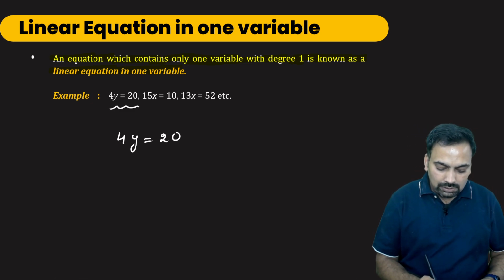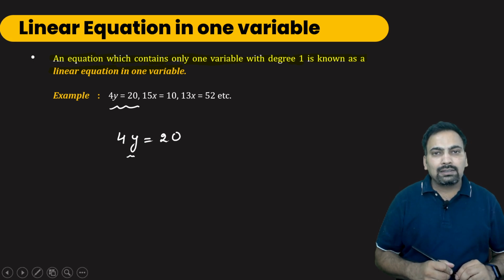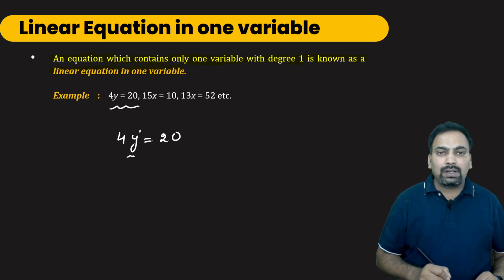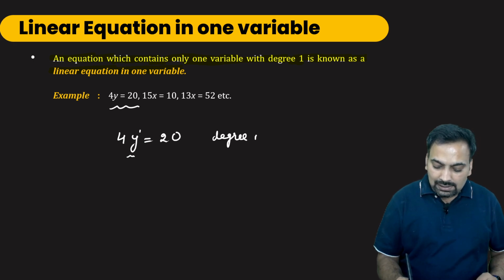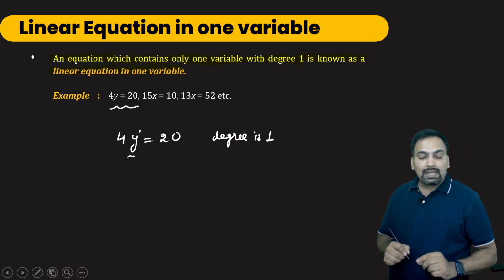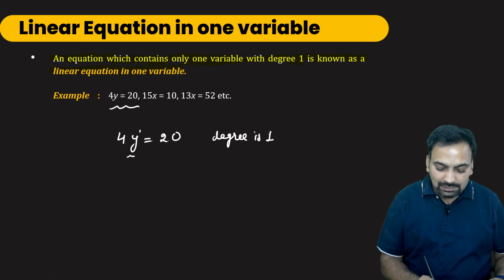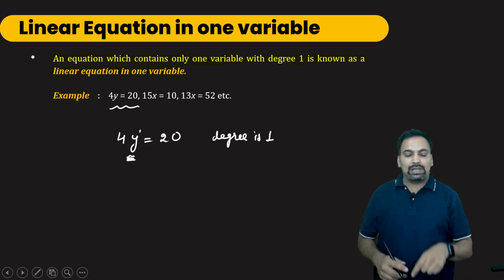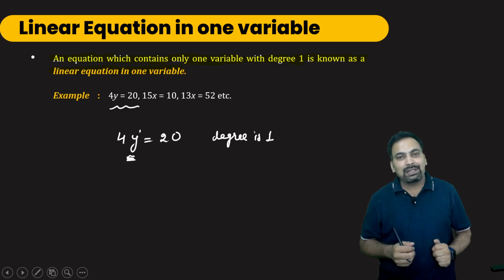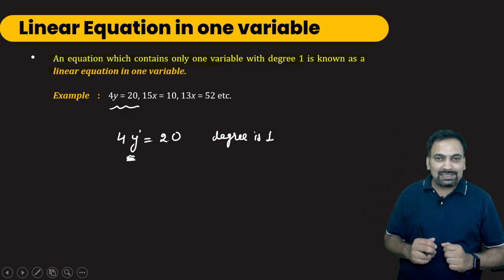In this you have only y, and the highest power of y is 1, so it means the degree is 1. And how many variables are in it? One variable. That's why this is called a linear equation in one variable. I hope you understood this.